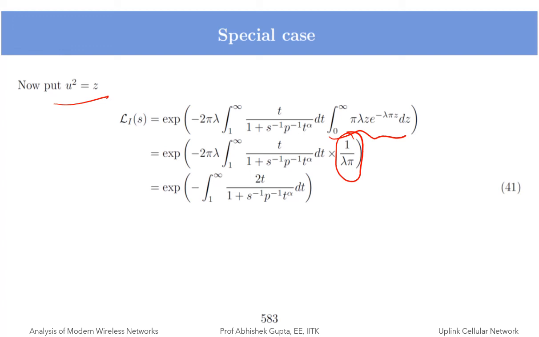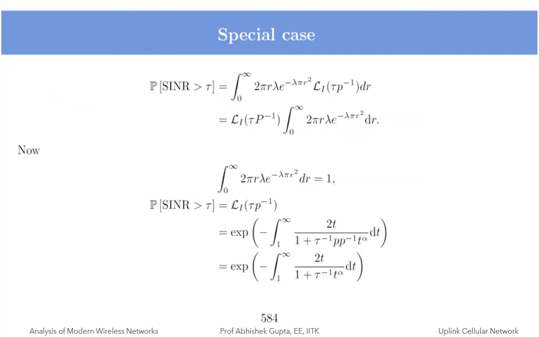So the whole integration, and this lambda pi cancels, so the whole I will become exponential to the power minus integration from 1 to infinity, and this term. I will put this term back into the probability of coverage expression. So remember, the probability of coverage expression was this, and this does not have r in it.